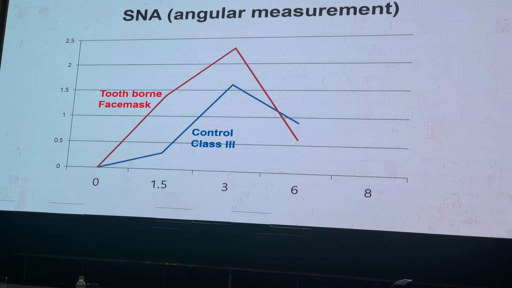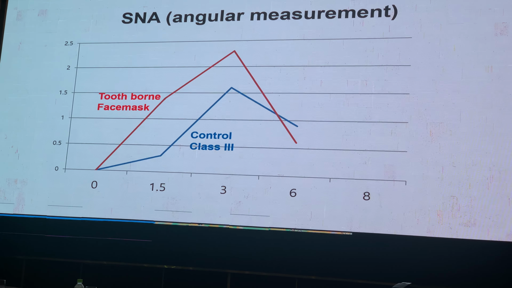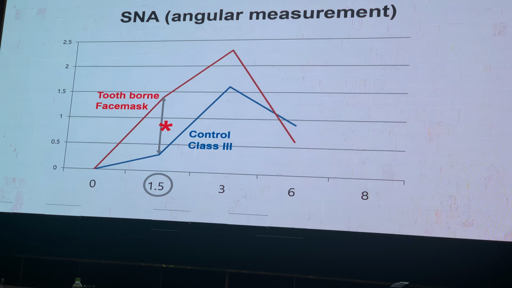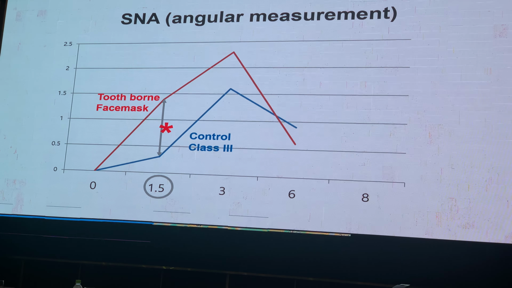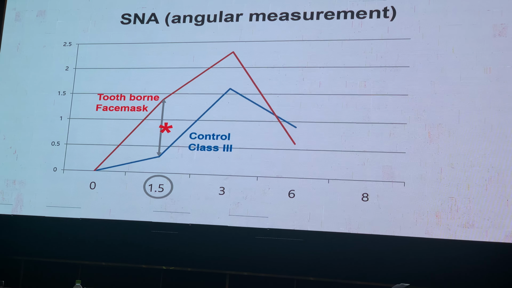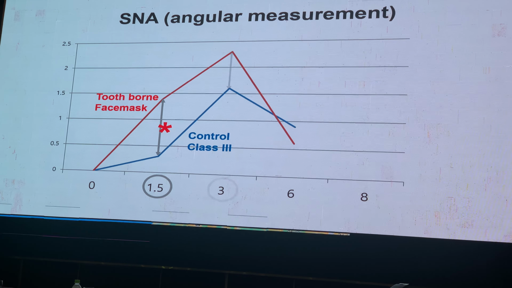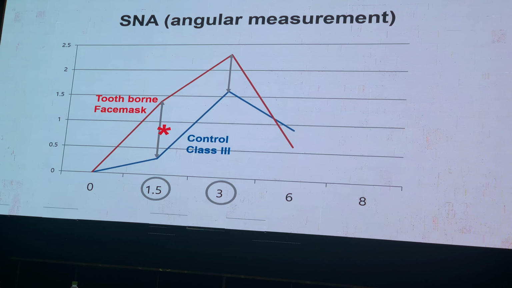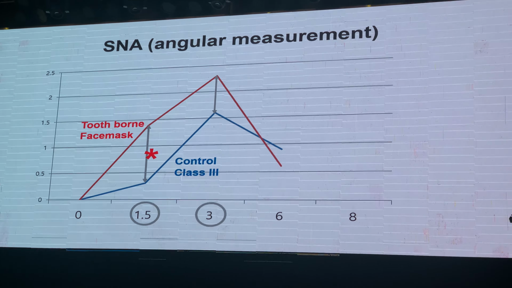Right after the application of face mask, you can see the significant difference between face mask group and untreated class 3 group. But after 3 years, even though there is a difference, it is not significant at all.